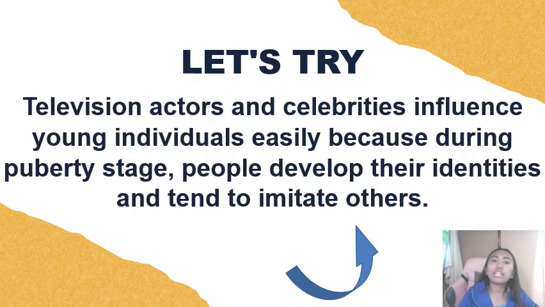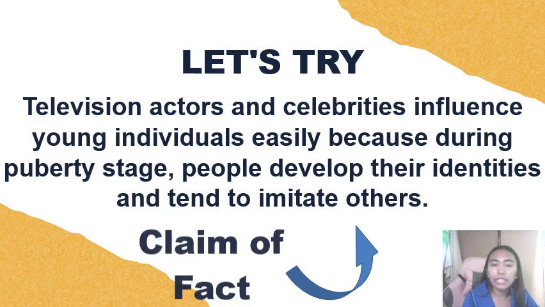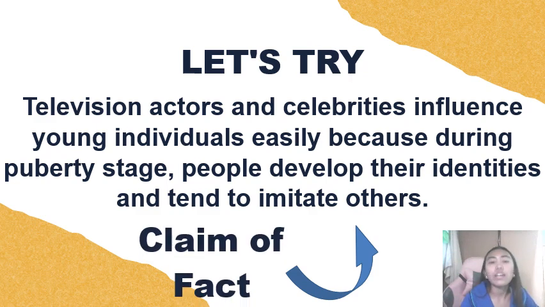Okay, next. Television actors and celebrities influence young individuals easily because during puberty stage, people develop their identities and tend to imitate others. So what type of claim is this one? Is it a fact, value, or policy? The answer is it is a claim of fact.